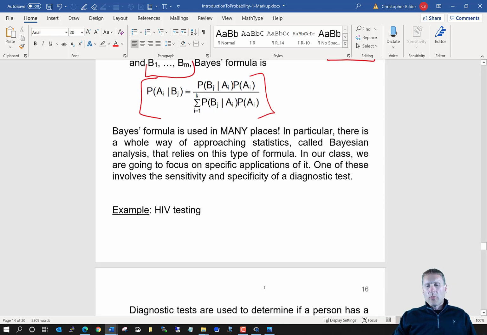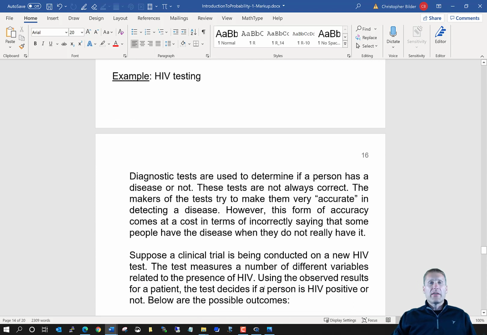So where is this important? Well, one place is with respect to testing for infectious diseases. So now we are on page 16. Part of my research involves trying to test for infectious diseases more efficiently, and so I often work with this Bayes formula for that process.